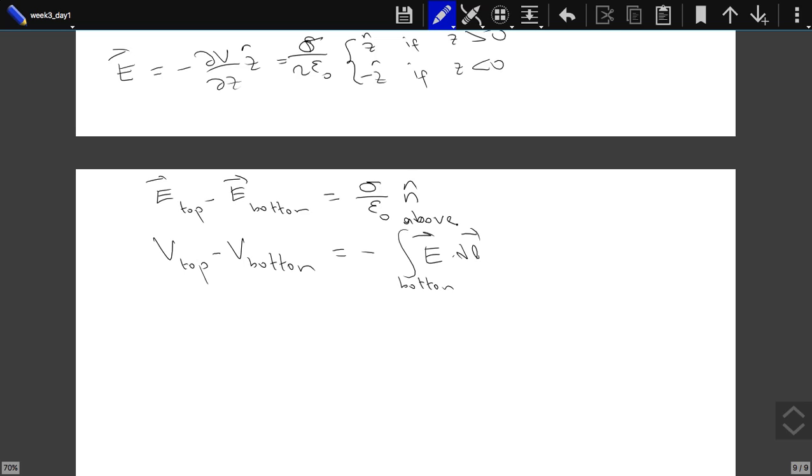Yes, the electric field is not continuous, but it is finite. It doesn't become infinite. The integral of dl from just below to just above goes to 0. So you are integrating a finite function over an interval that has 0 thickness, 0 size. So this is just 0.